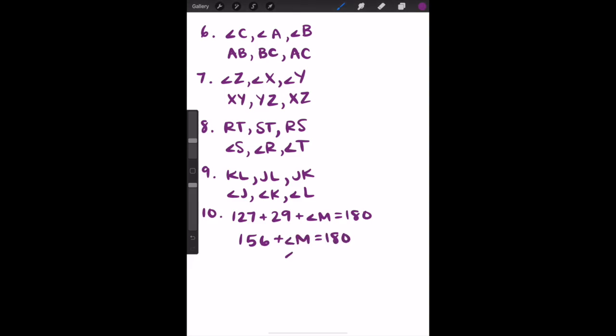Right, so solving this, I subtract 156 from both sides and get angle M is 24 degrees. So it is the smallest. Angle P will be in the middle with 29 degrees, and angle N is the largest at 127 degrees. And then I'm listing the sides opposite the angles.